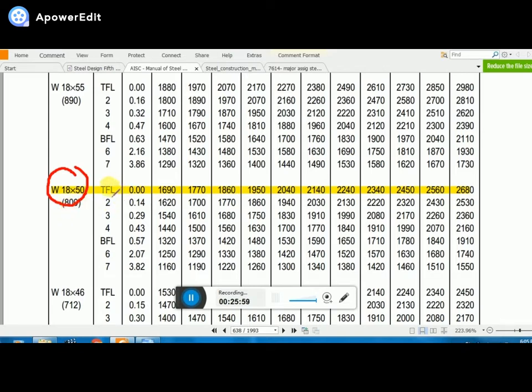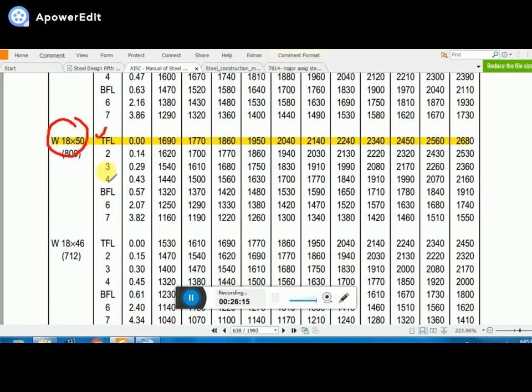Now, what do these values mean? This is the top flange, and these 2, 3, 4 identify the plastic neutral axis location.